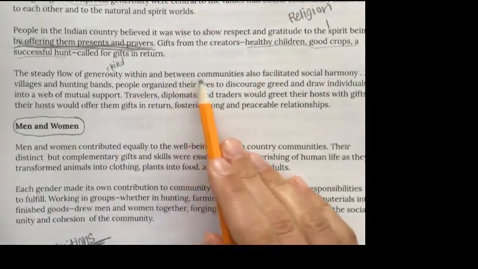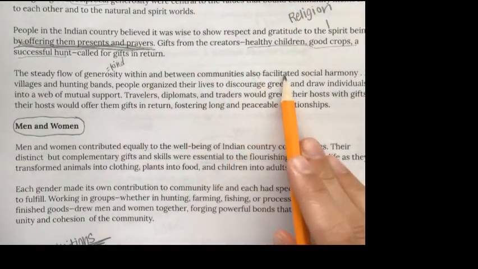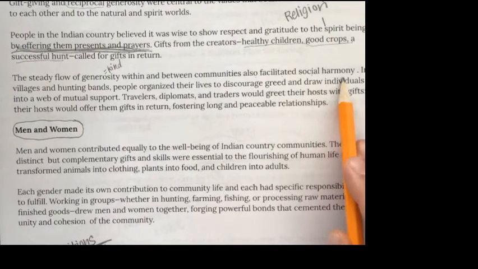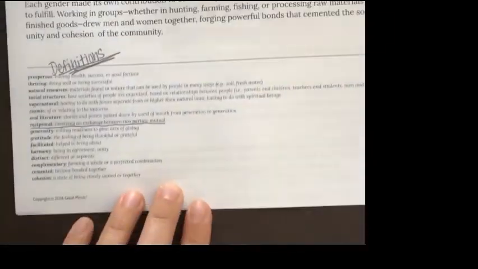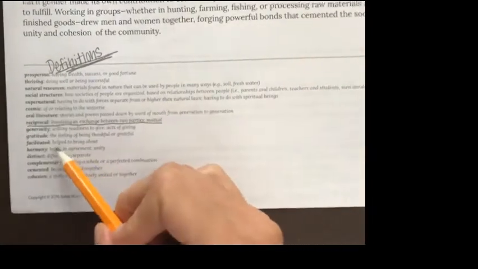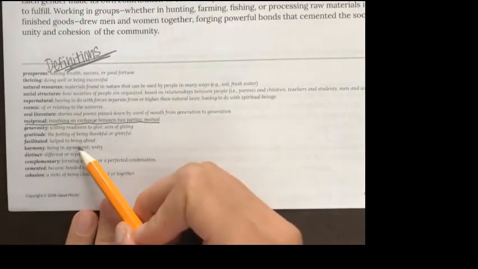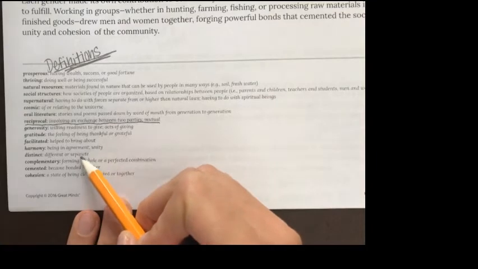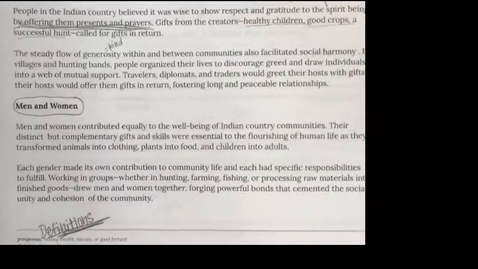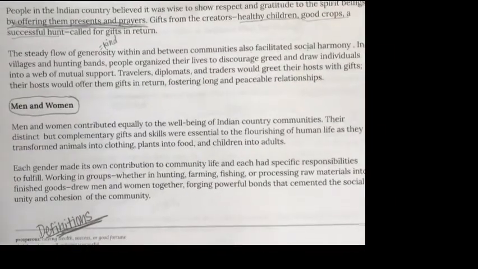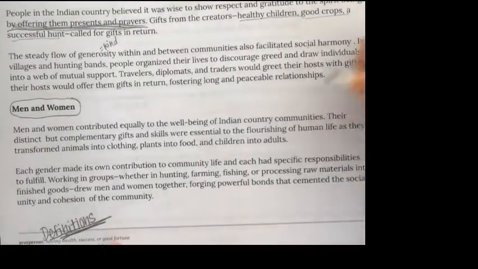The steady flow of generosity, which means being kind, within and between communities also facilitated social harmony. So I'm going to look down here to see what those words mean. So facilitated means to bring. So it brought harmony, and harmony means agreement. So by giving gifts, they were all on the same page, right?